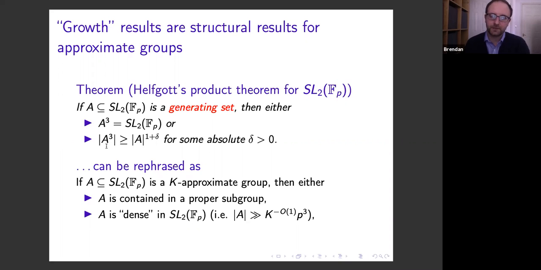So you either have growth, or if you don't have growth, that's because you've filled out the whole group. If you take the contrapositive, you can rephrase this as a structure theorem for approximate groups. So if A is a K-approximate group, which is basically saying that this growth condition doesn't hold for some choice of K, then either A doesn't generate, so it's contained in a proper subgroup, or A is quite large, which you can get out of this first condition.